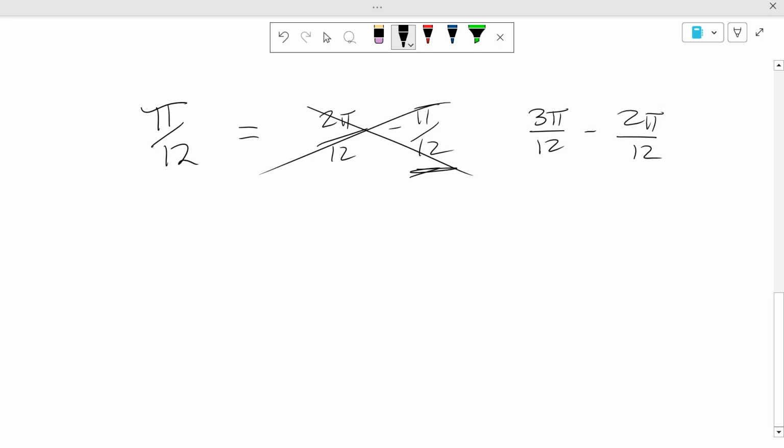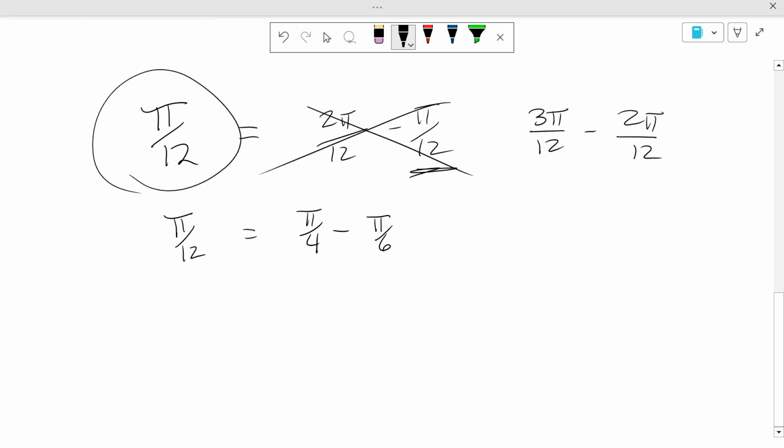And the answer is yes, they are. Because what's 3 pi over 12 the same as? Pi over 4. And what's 2 pi over 12 the same as? Pi over 6. Those are both on your unit circle, so this is why we use sum and difference formulas, so we can find places like the sine of pi over 12 and use the unit circle to do it.